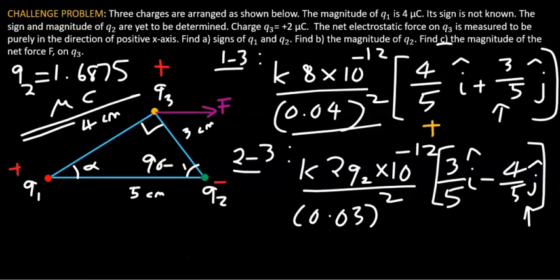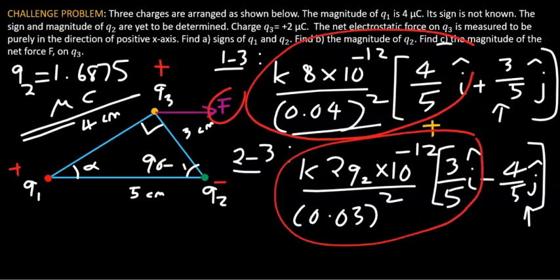Now part C. Now we know that the net force F is given by the sum of this number and that number only.